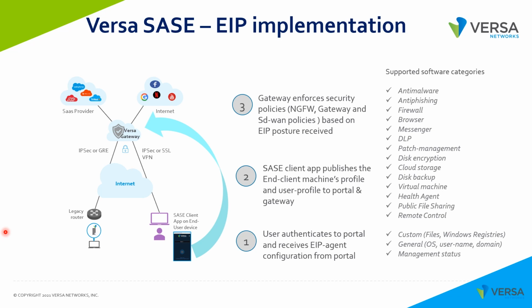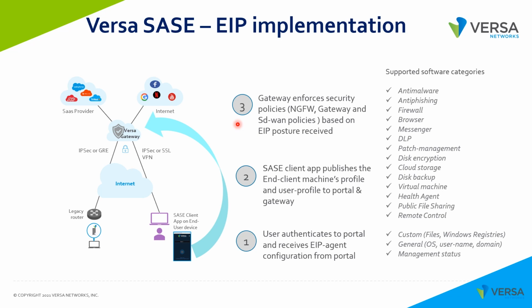So, as a user registers or connects to the enterprise network, as part of the authentication process, the SASE client will receive the EIP agent configuration from the portal. Then it will collect and publish endpoint details to the Versa SASE gateway, where those will be validated against defined security compliance rules of your organization. As simple as that, right?